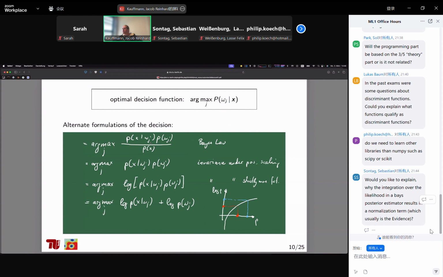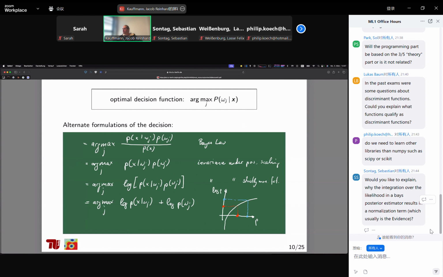Here we can use Bayes' theorem, and then we can still manipulate this right-hand side without changing the argmax. So everything that doesn't change the argmax is allowed.